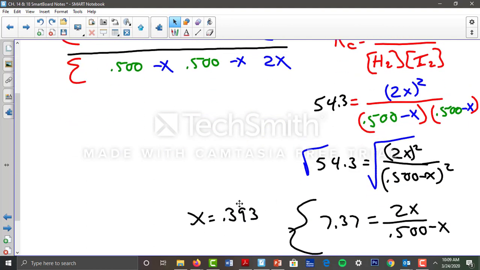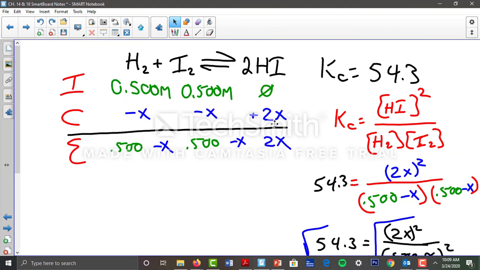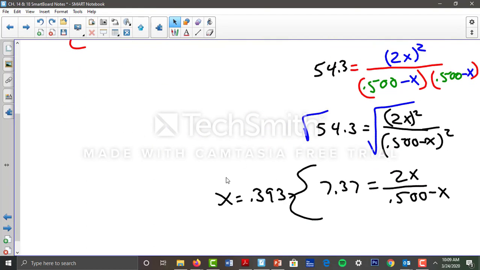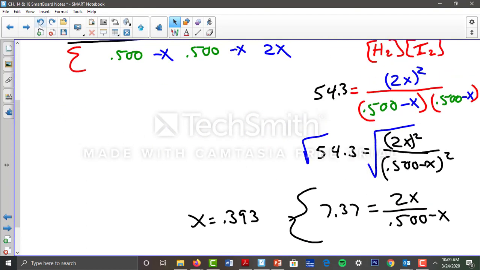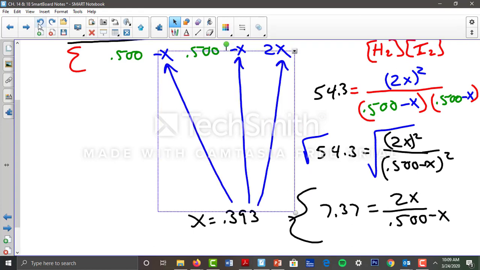So we would plug the 0.393 in here, the 0.393 in here, and 2 times 0.393 here, which again makes sense logically because two things: the value of x is less than our initial amount, and when we get done, we're going to have a greater concentration of product than we are reactants, which is consistent with a K that's greater than 1. So plug them in there then.